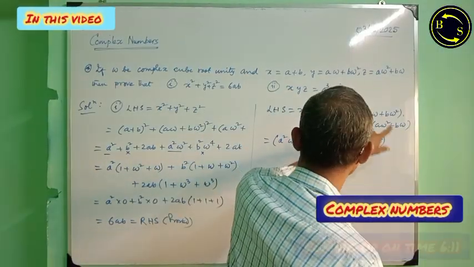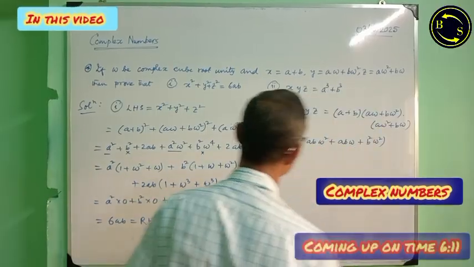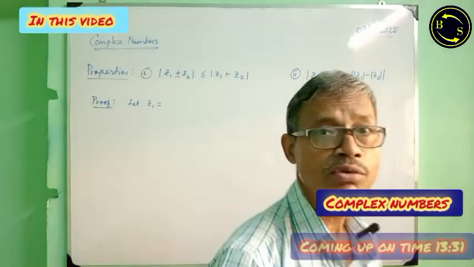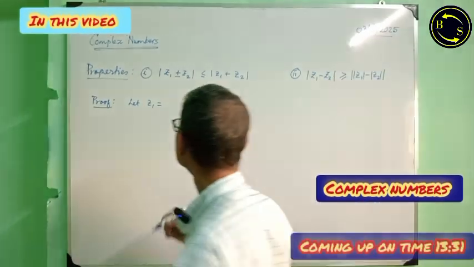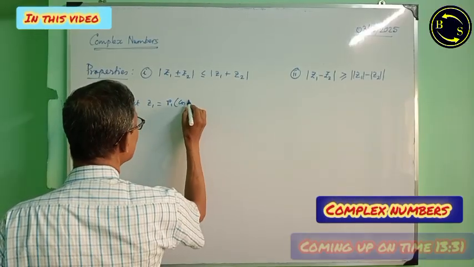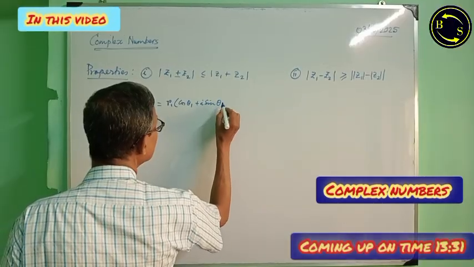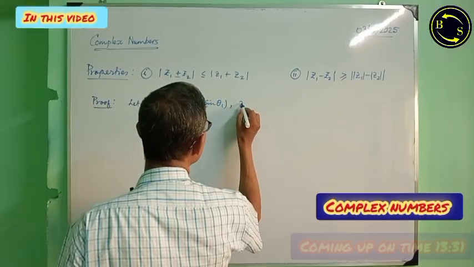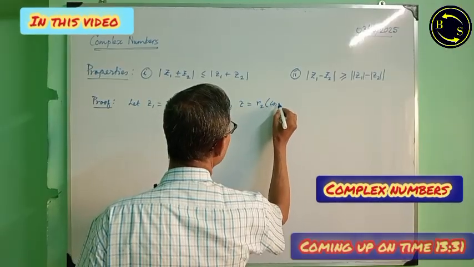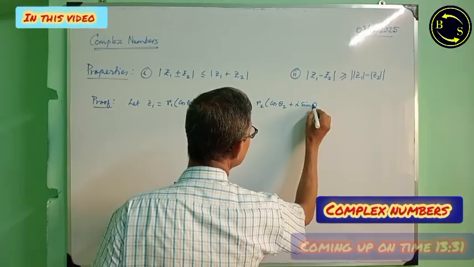I am using here the modulus-amplitude or polar form: Z1 equal to R1 (cos theta 1 plus i sin theta 1) and Z2 equal to R2 (cos theta 2 plus i sin theta 2).